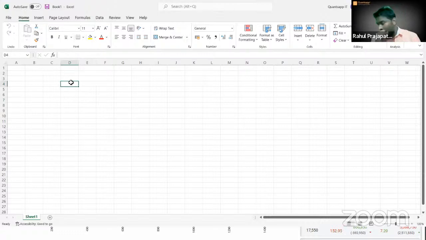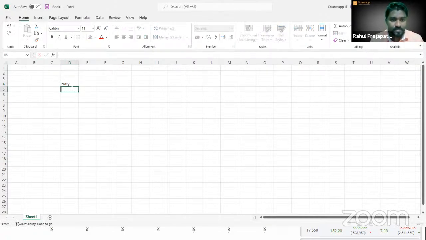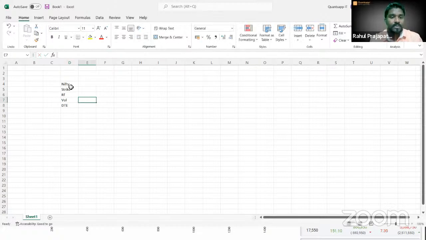See, so let's say Nifty spot, let's say the market is trading at 17,700 right now.